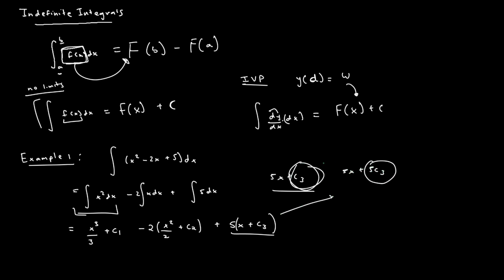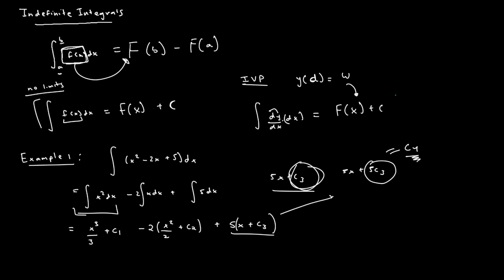If I scale a constant by 5, I can just call that c4, and to me that's just another constant. So you can be loose on where you're putting these constants, because all they represent at the end of the day is one numerical value, not a variable. You can scale constants by any value and it's still going to be a constant, and as long as you have that property retained, you're fine.